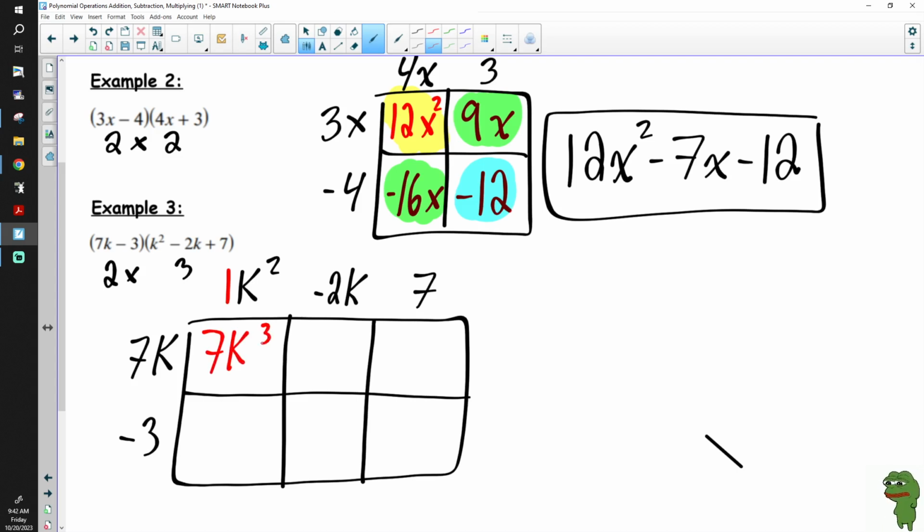Okay, you keep going. Do the top row. Make sure you keep track of your variables.